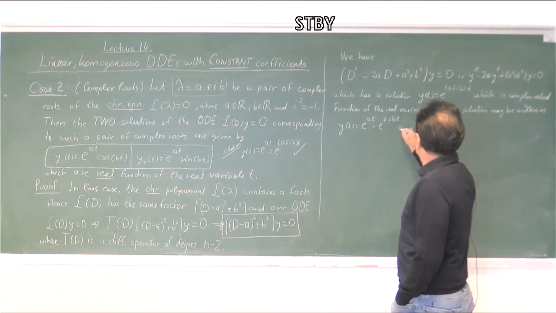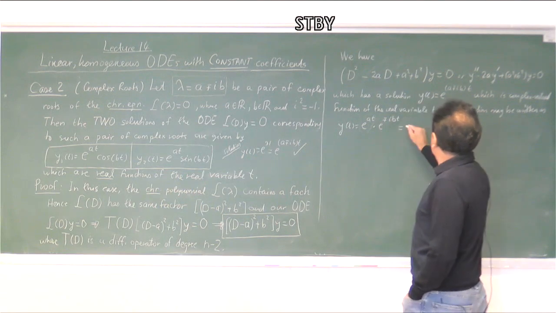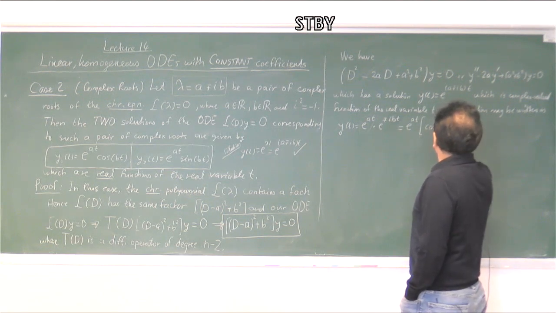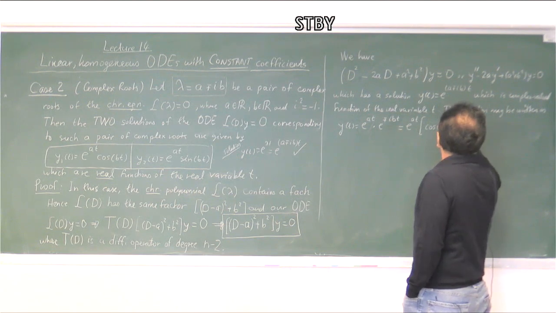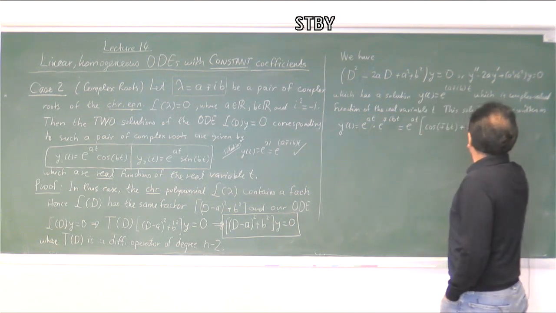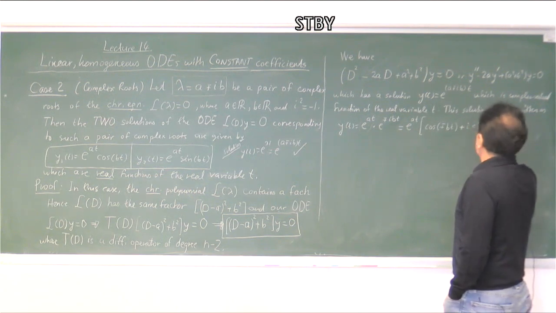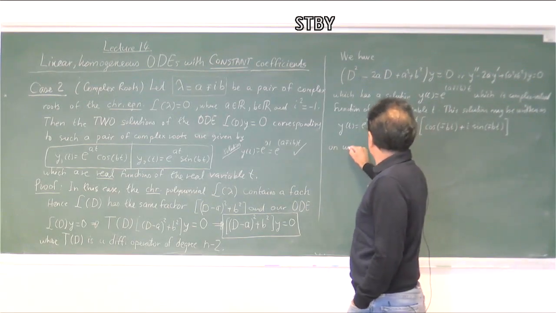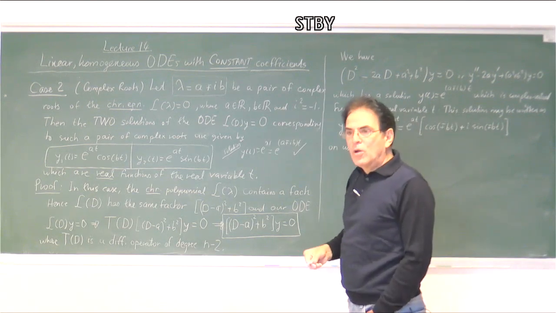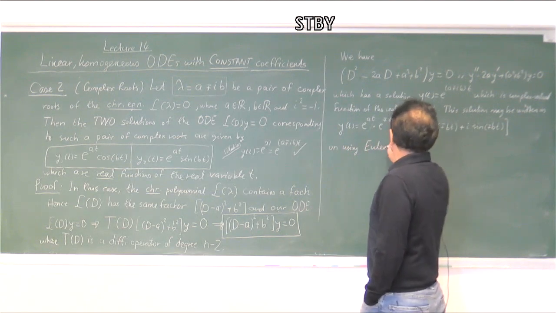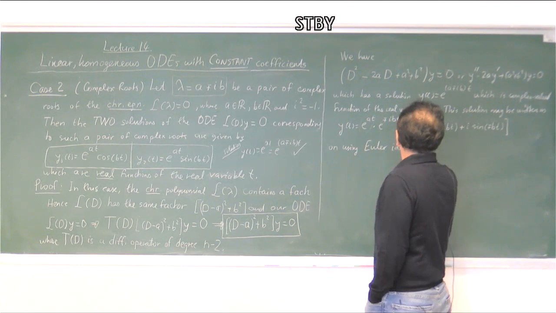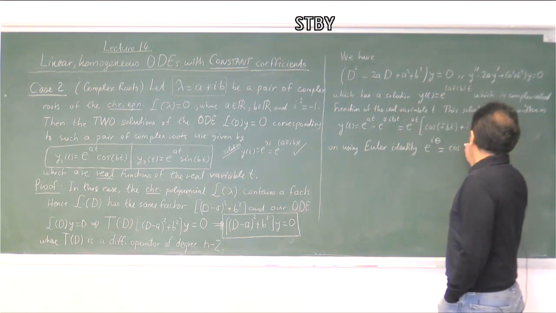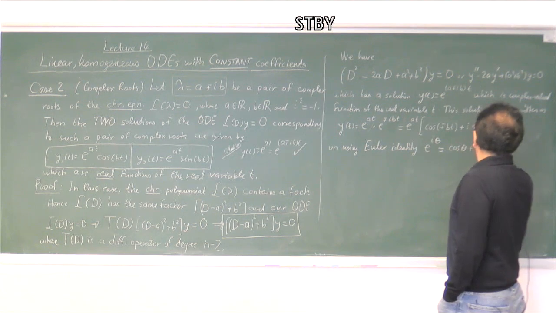But the second one can be written as e to power at times cosine of plus or minus bt plus i sine of plus or minus bt, using the very well-known Euler identity, which is that e to power i theta is cosine theta plus i sine theta.